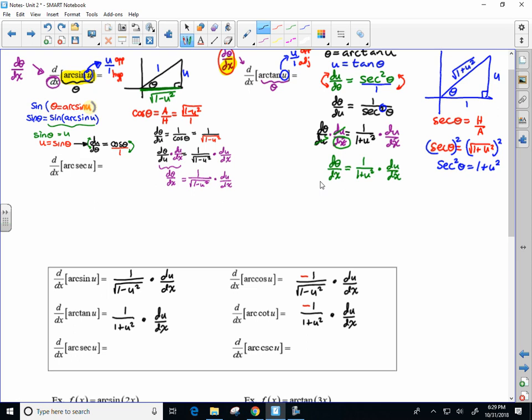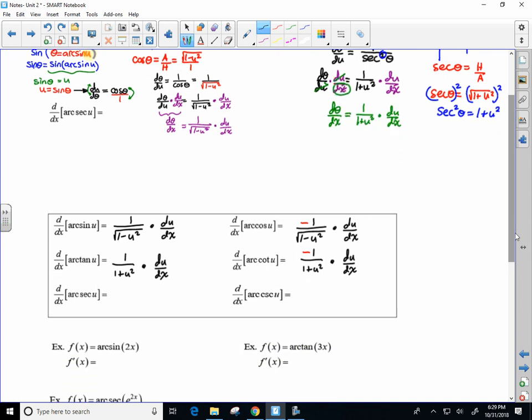Alright. So then, well, what about our secant? I want you to be able to play around with that, so I'll just give you the arc secant. I shouldn't have zoomed out. Whatever, I'll just write small. 1 over the absolute value, the square root of u squared minus 1, times du dx.